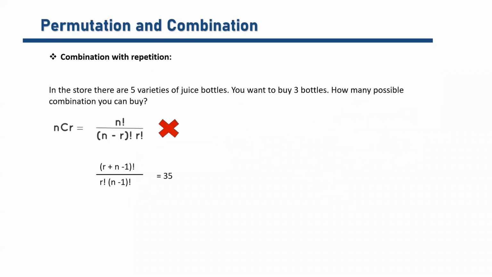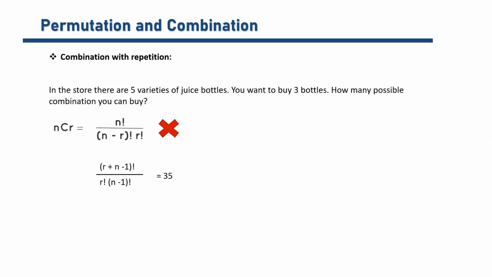Now we'll come to combination with repetition. Now this formula, you don't need to remember, but just for a basic understanding, whenever you have a combination with repetition, for example, in a store there are 5 varieties of juice boxes. You want to buy 3 bottles. How many possible combinations can you buy?